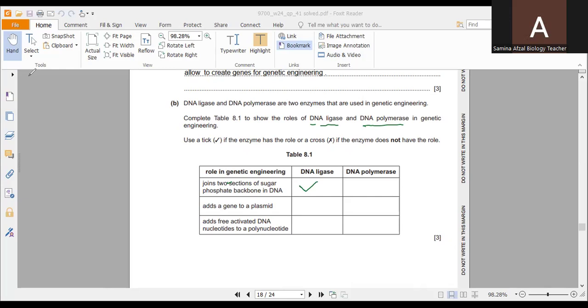Whereas DNA polymerase will not join the sugar phosphate backbone in the DNA. It adds a gene to a plasmid. Again, in genetic engineering, they are used.